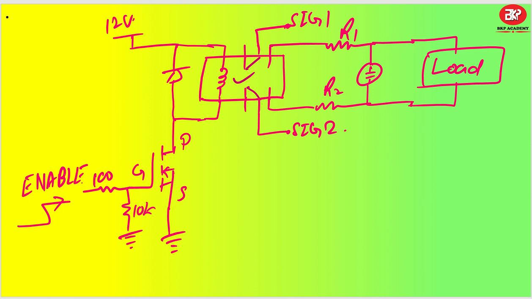So you can see this is the switch that is connected to, let us say this is my pin number 1 2 3 4 5 and then 6 7 8. Now you can see pin number 7 is connected to pin number 8, right? And signal 1 is connected to pin number 7 and signal 2 is connected to pin number 4.